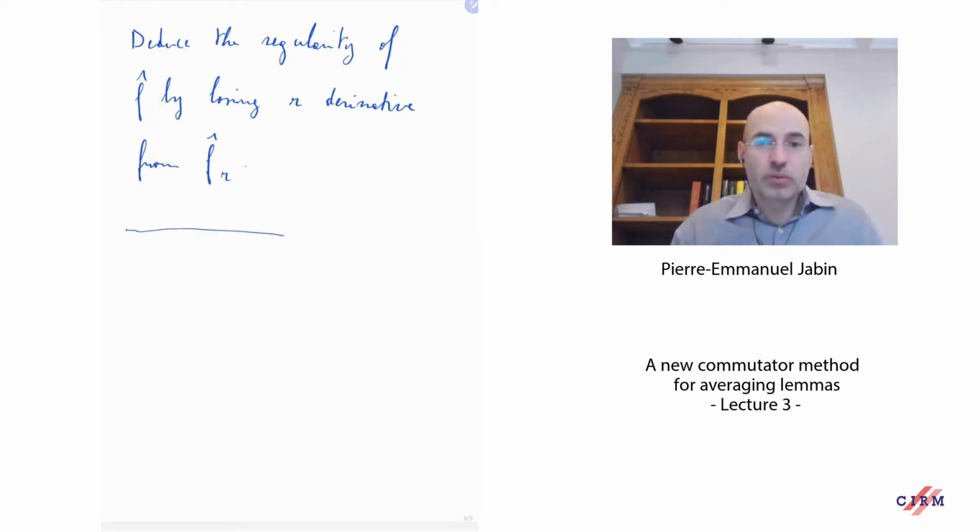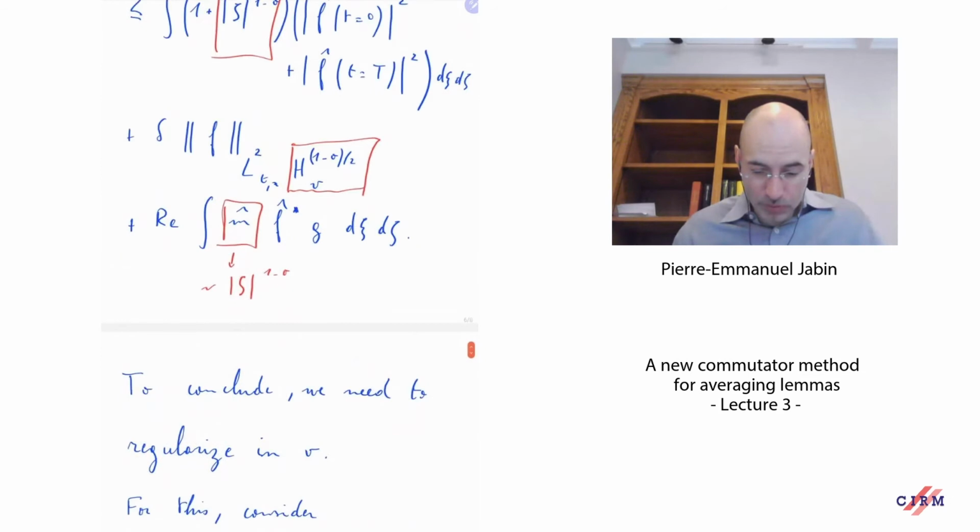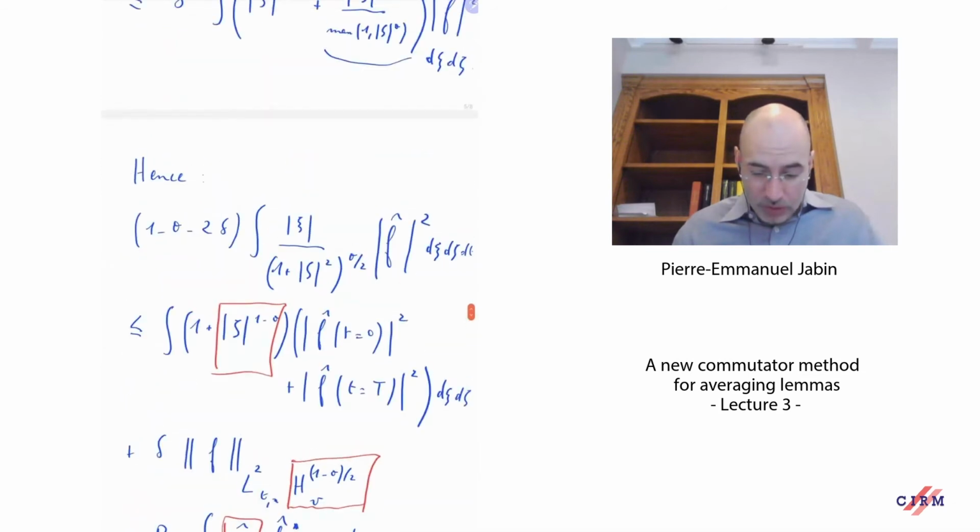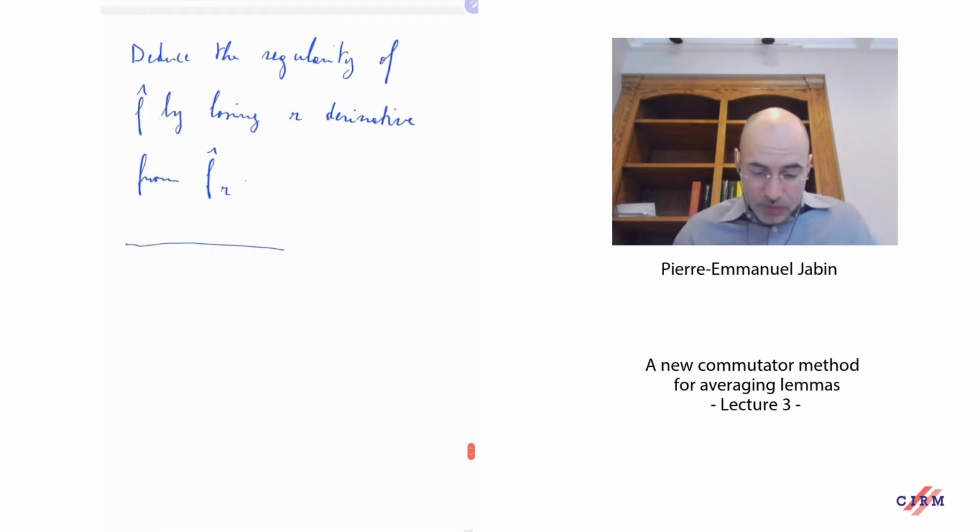So I don't know if there's any questions on this proof. Maybe in the end, if you want me to give a bit more details. I think it is a great illustration of the method.